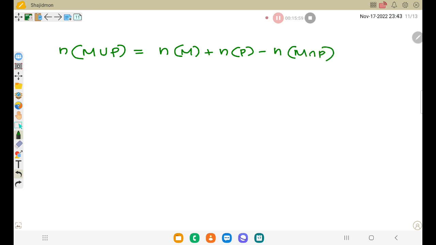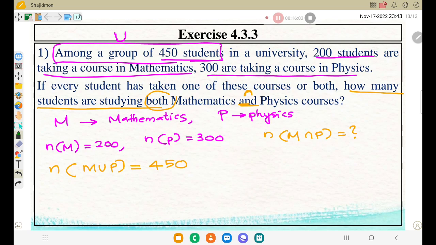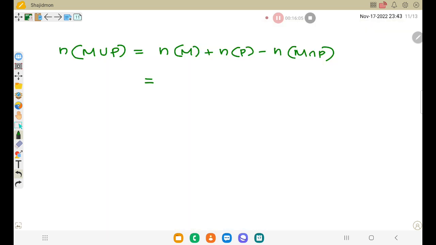First we are writing the rule. Number of elements of M union P, A union B, equal to number of M plus number of P minus number of M intersection P, correct? What is number of M union P here? You can see 450, correct?